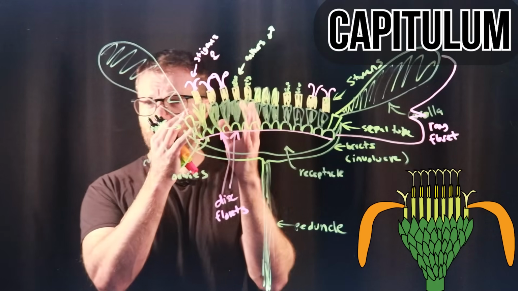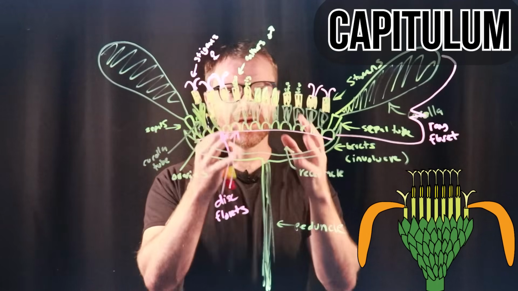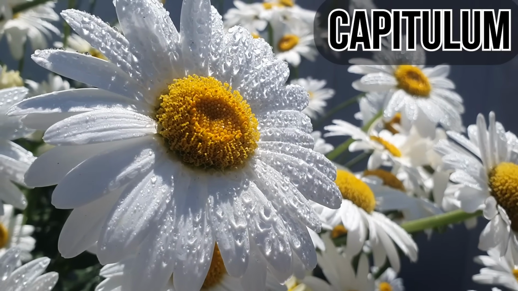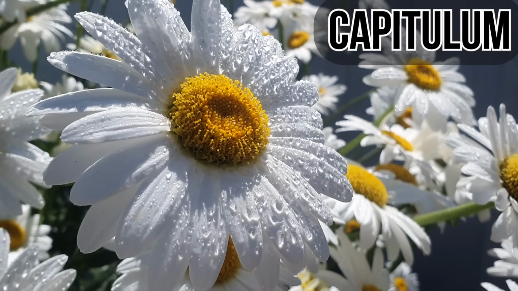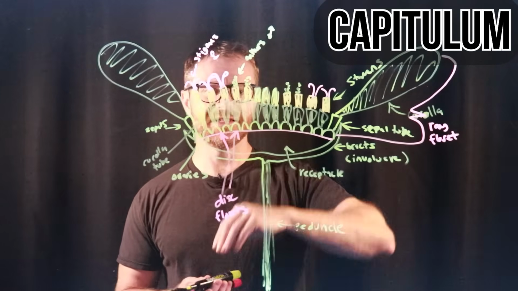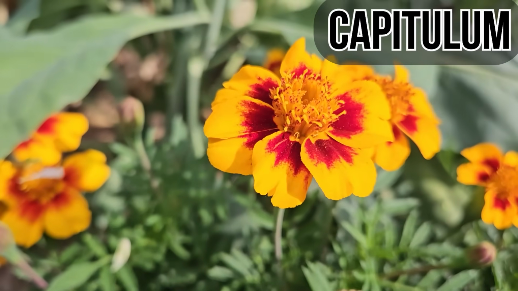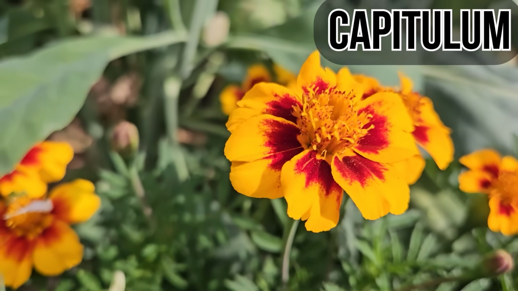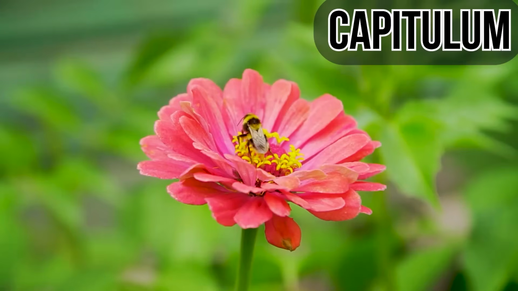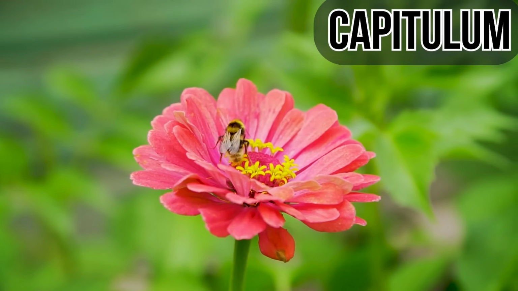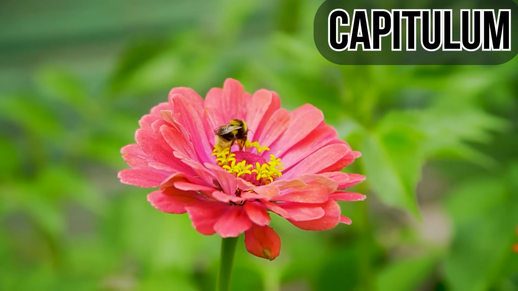Okay, so when you look at a capitulum like this, again, you're not looking at a single flower. You're looking at hundreds and hundreds of these disc florets in the middle of the inflorescence, and many ray florets ringing the inflorescence. And what you have is an inflorescence that looks like a flower.